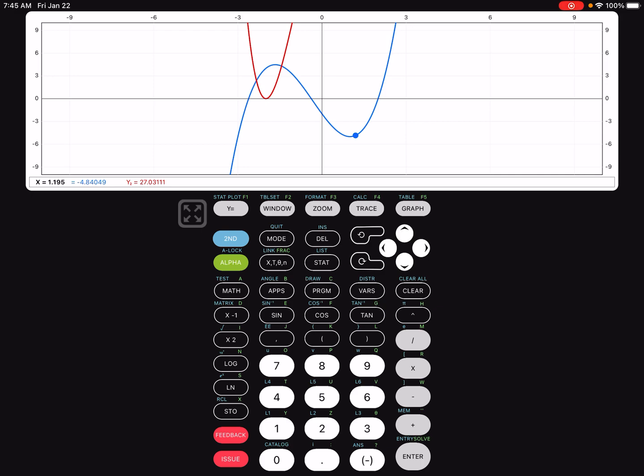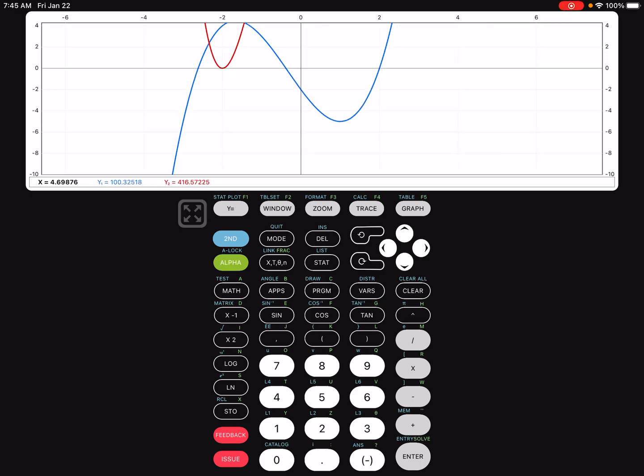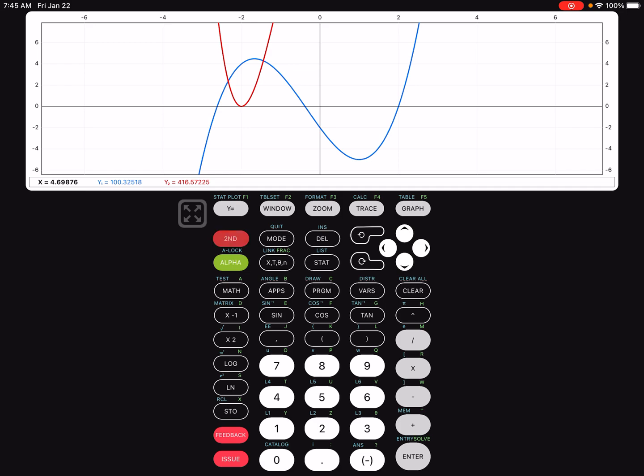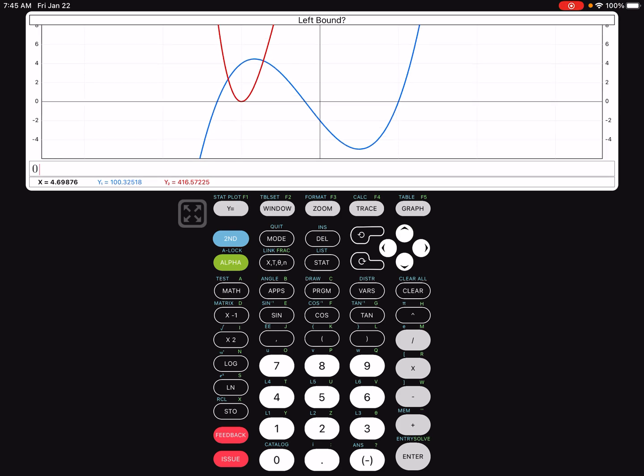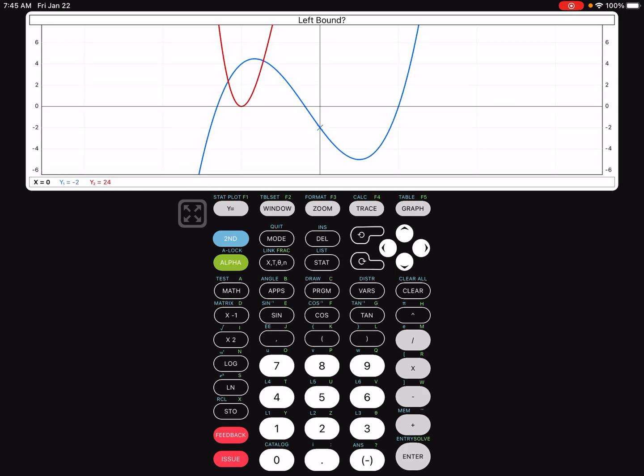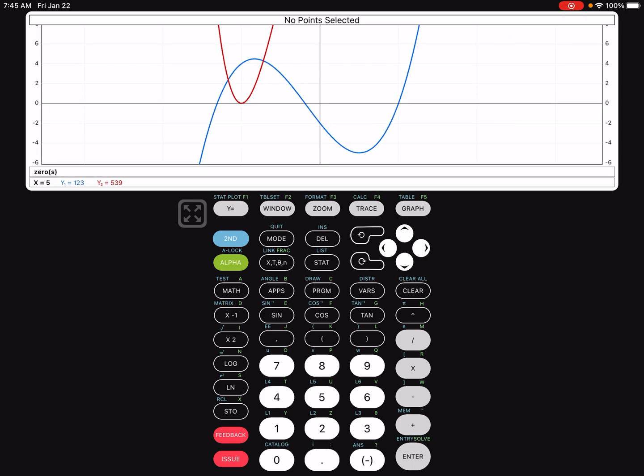Okay, so here I would want to use the second calc, or second trace, number 2 for zero. I'm going to hit 0 because I know the zeros are to the left of the x-intercept, and then I know that 5 is to the right of the x-intercept, and then I'm going to hit enter, and then it will find our x-intercept.